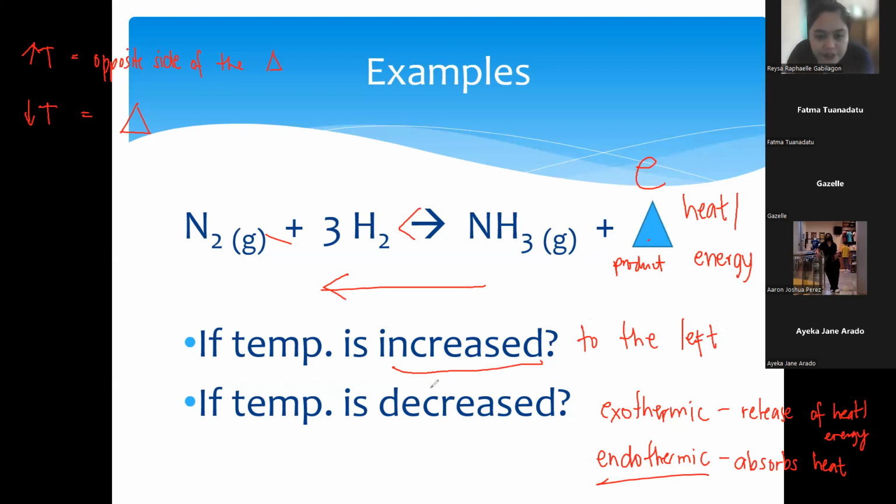Now, how about if the temperature is decreased? Yung i-favor niya is yung side where you can see the heat or the temperature. So it's going here. So let's answer to the right. Okay? Or it will favor the forward reaction. Okay?